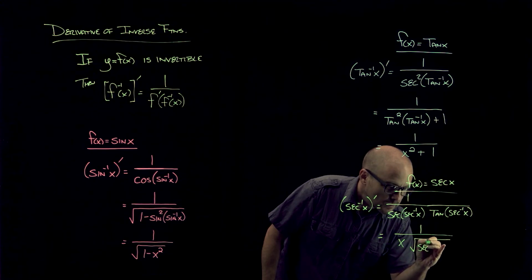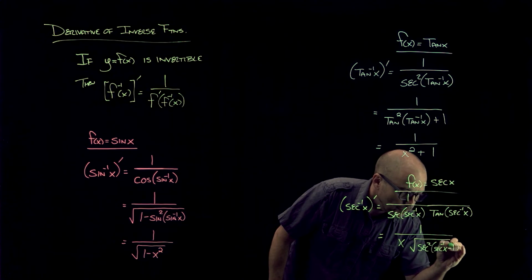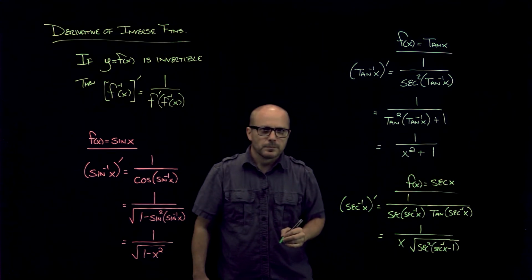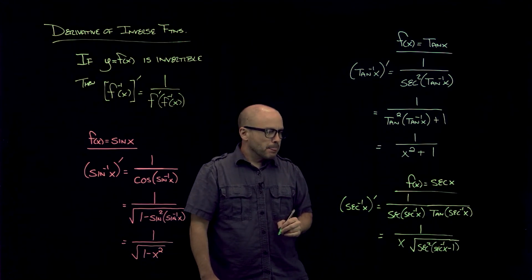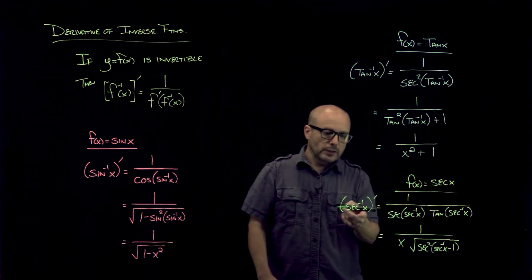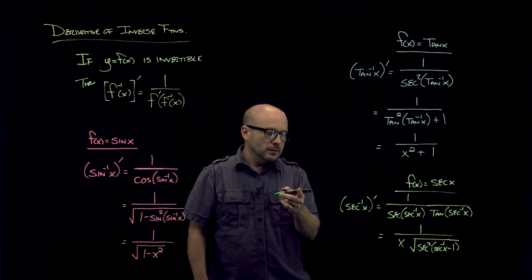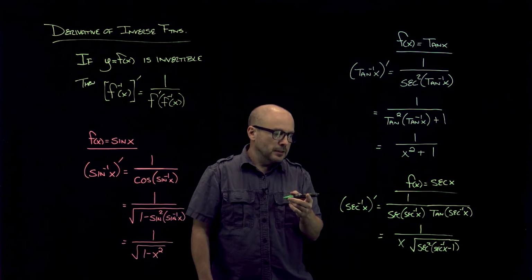So secant squared of secant inverse minus 1.